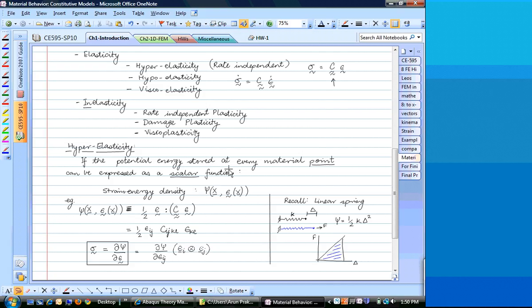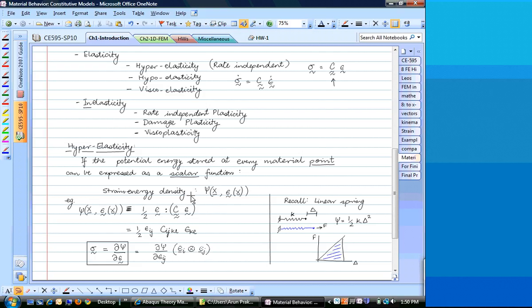Obviously, again, this is a model. No material in the real world is hyperelastic in every regime, but this material model says that if you can find a scalar function at every point, then you can call this material a hyperelastic material.